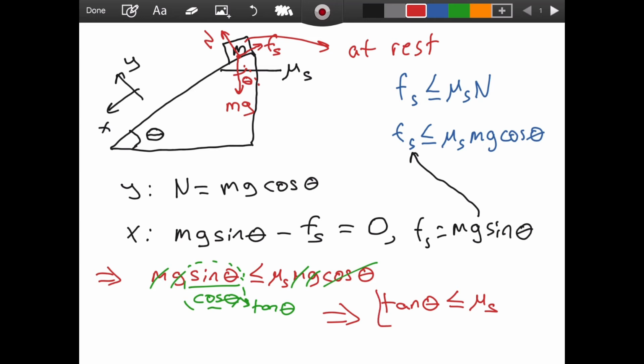Well, this is great, but how can we use this for calculating the coefficient of static friction? I'm going to discuss the implications of this inequality on the new page. So we found that tangent of theta is less than or equal to the coefficient of static friction.